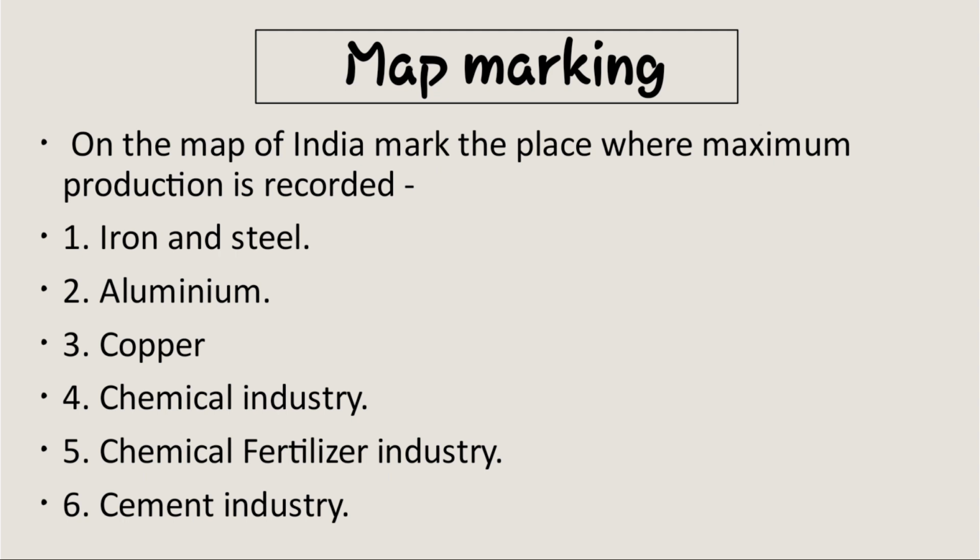As I told you, map is having 1 mark in this chapter. For that we have to search all the nook and corner of this chapter. Today we will be marking the places in India where maximum production of any of these items is located. For example, the first point we will be doing is iron and steel industry.